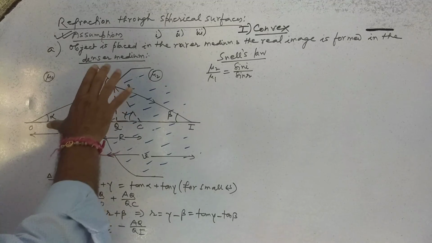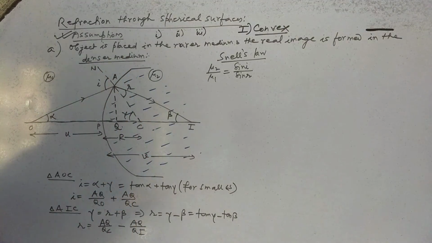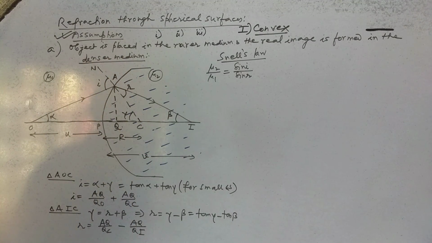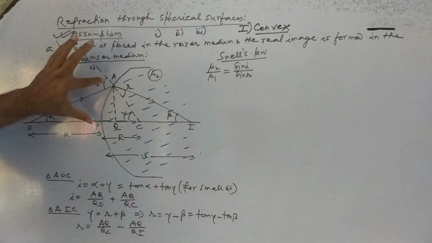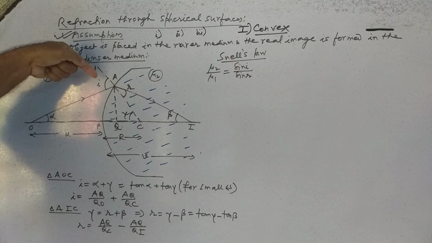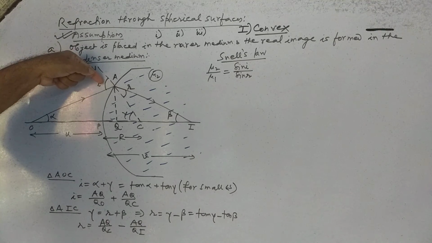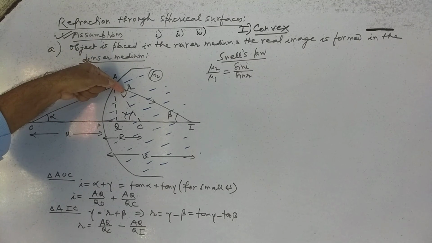But if the aperture is very small, what is meant by the aperture being very small? It means the portion AP will be very small. Just imagine, if the portion AP becomes very small, i will become very small, and r will also become very small.